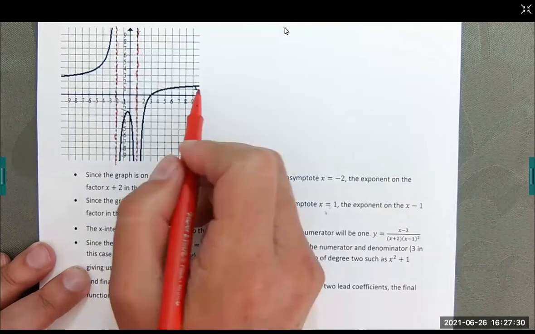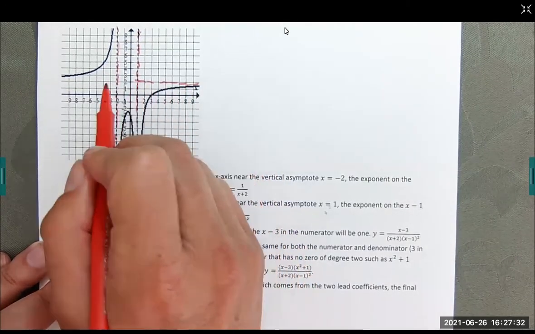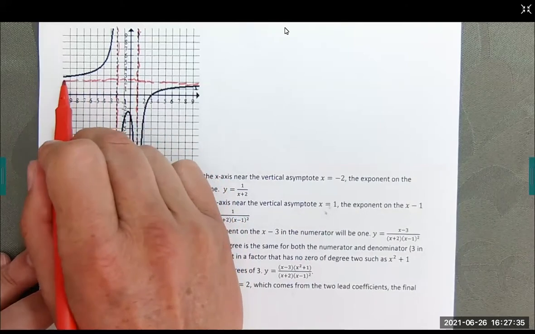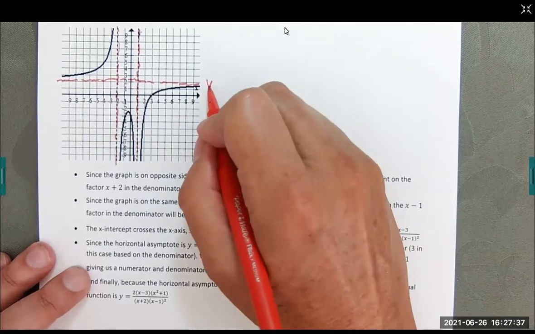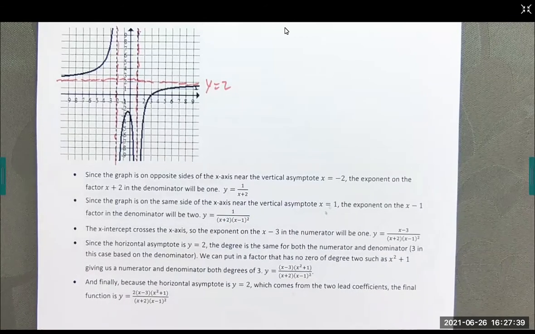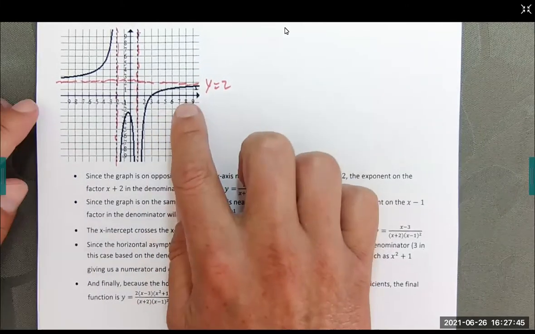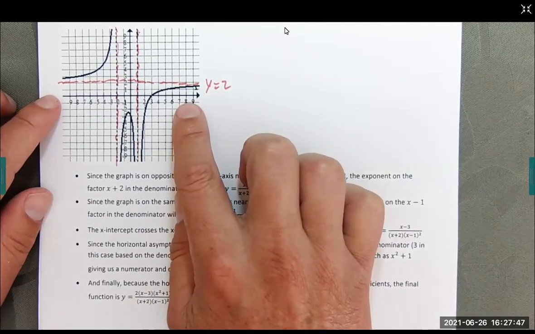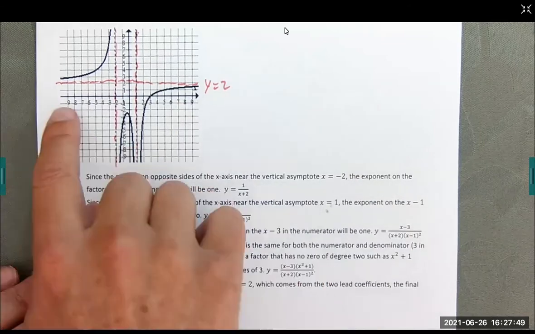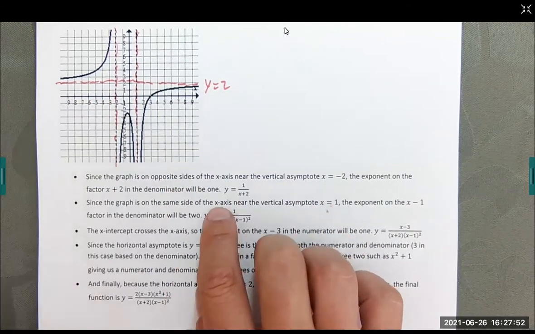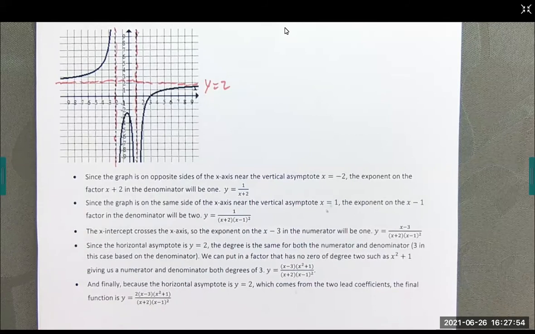And we have a horizontal asymptote at y equals 2. So we know that the lead coefficient is going to have to be a 2. We'll get to that. And because our horizontal asymptote is not at 0, what that tells us is that the degrees on the top and the bottom have to be the same.